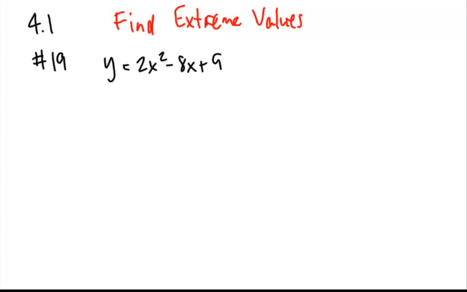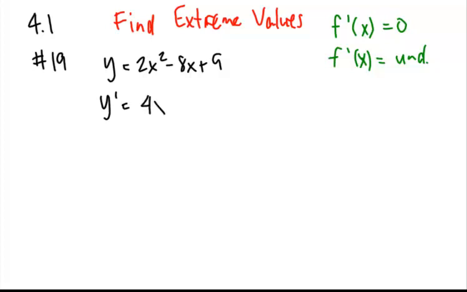If we're going to find extreme values, we want to find the derivative and set it equal to 0, or find where the derivative is undefined. That's what we want to know. So take the derivative of this. It's going to be 4x minus 8.